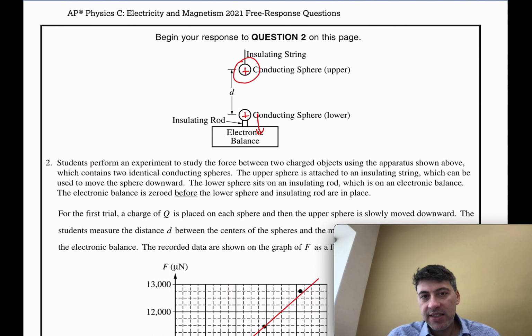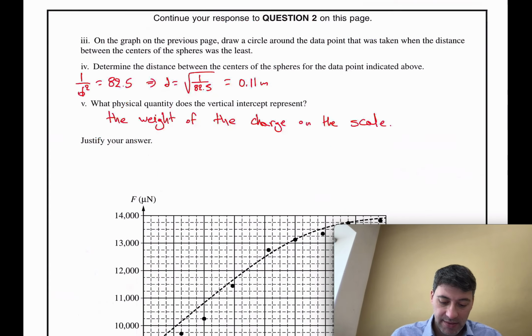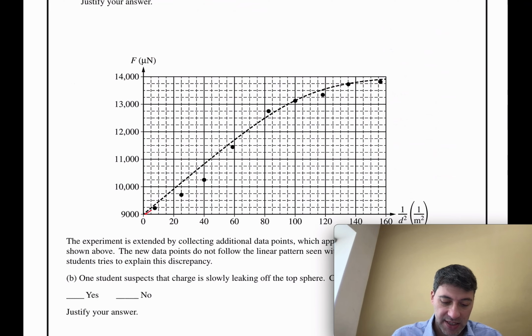If the charge is reduced, then by reducing the distance, we expect that the force will increase. And again, this was happening at the beginning. By reducing the distance, the force should be increasing.